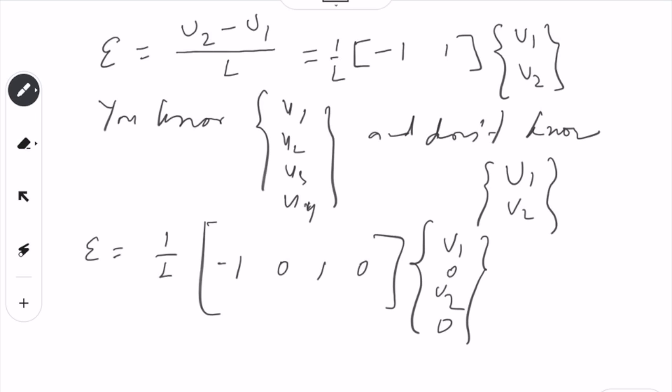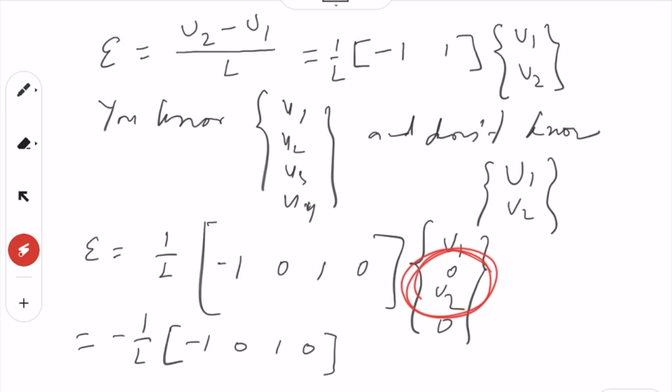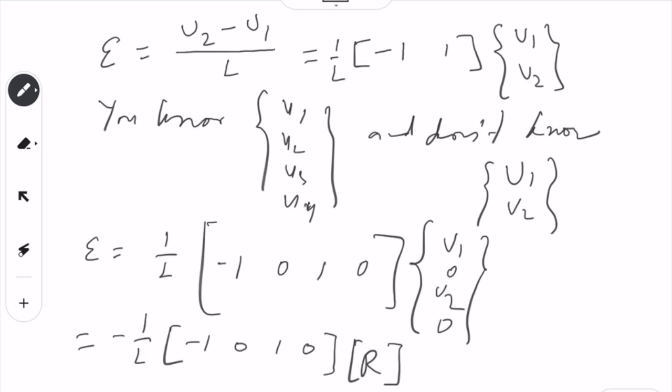And once you have this, we can also write it as 1 over L, and then you have minus 1 0 1 0, and then this is nothing but the R. Now R comes into the picture. R times the u1, u2, u3, u4 transpose, I am writing, right.